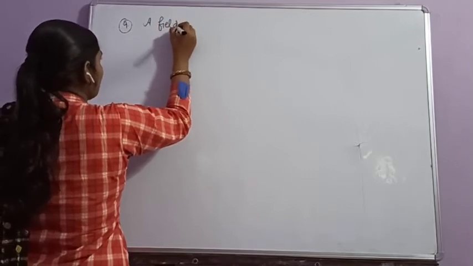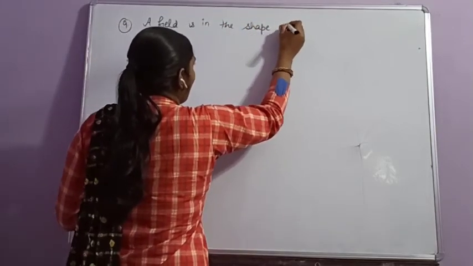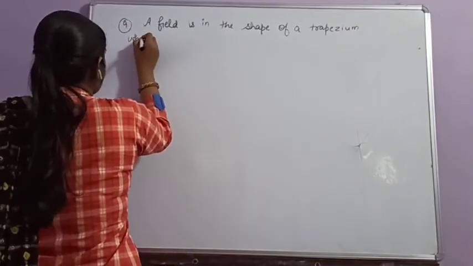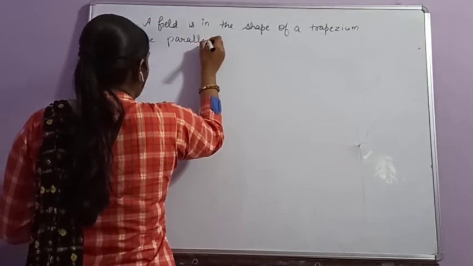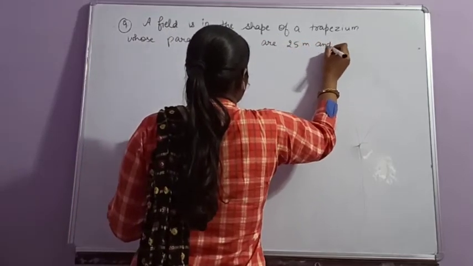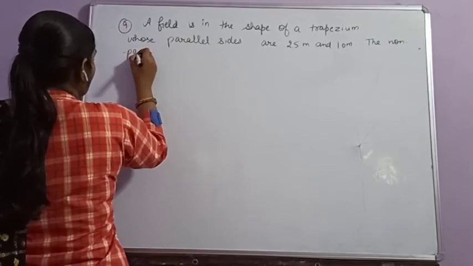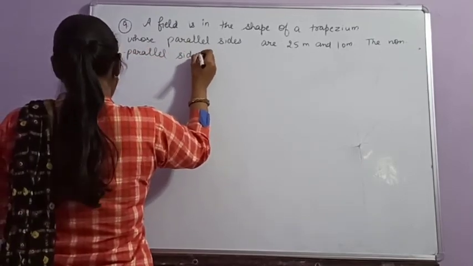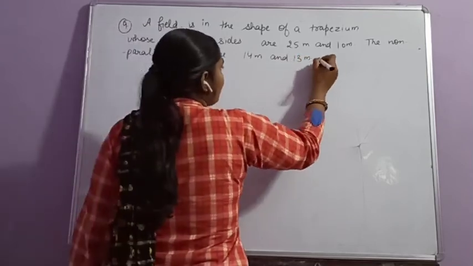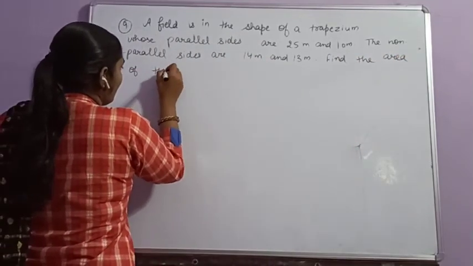A field is in the shape of a trapezium whose parallel sides are 25 meter and 10 meter, and the non-parallel sides are 14 meter and 13 meter. Find the area of the field.